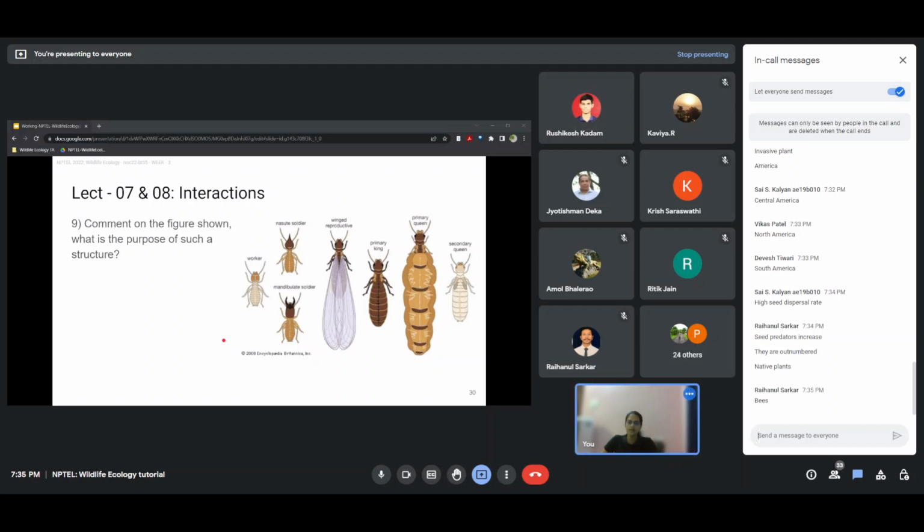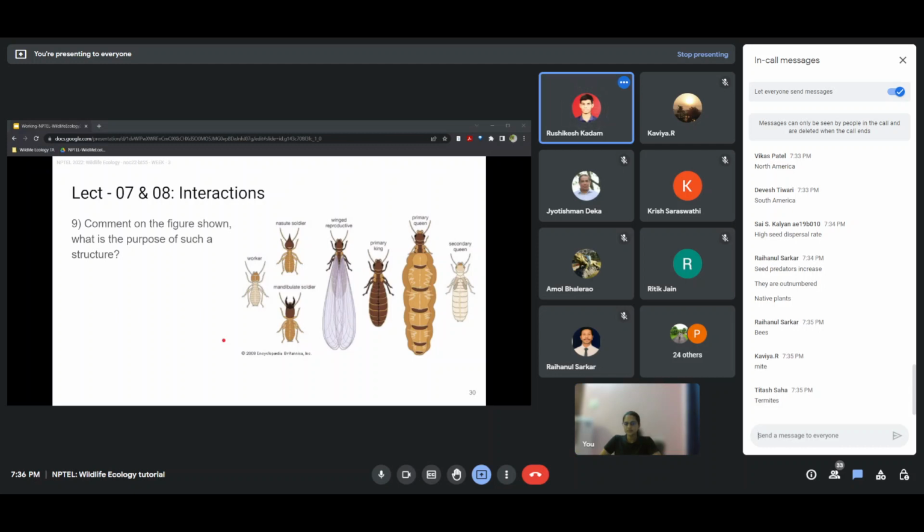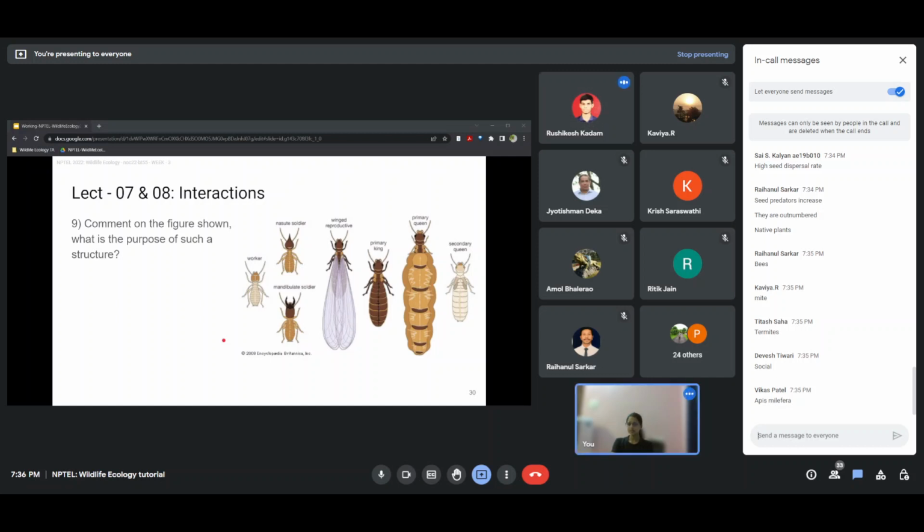And what is happening here? What is shown here? Termites. Right. Yeah, that's absolutely correct.